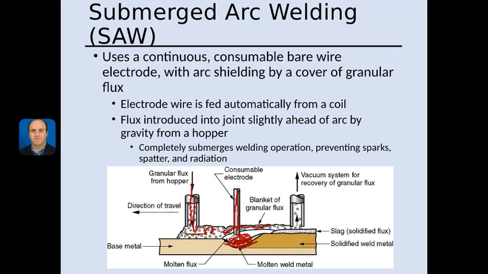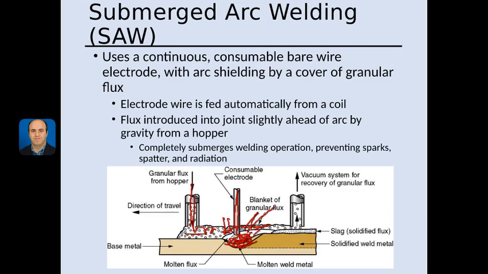As you know, the arc has intense UV light, ultraviolet radiation, and also we have fume. This flux can protect from the UV light coming out, so it blocks the UV light as well as the fume.